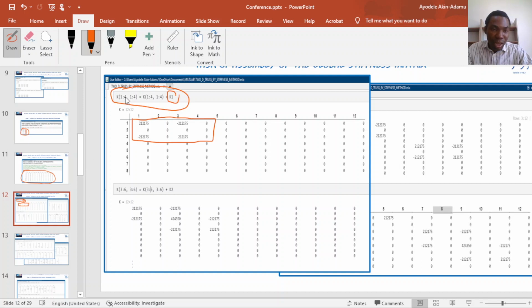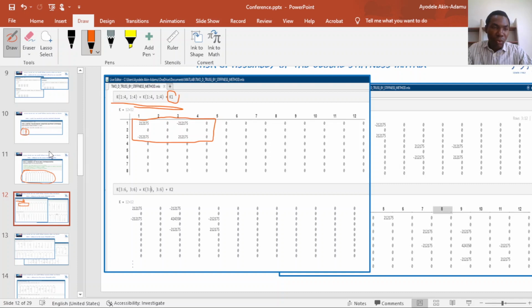Along the rows from 1 to 4, and along the columns from 1 to 4, add K1 to it. So once we write the code in this manner, K1 gets added to this position in the zero matrix.